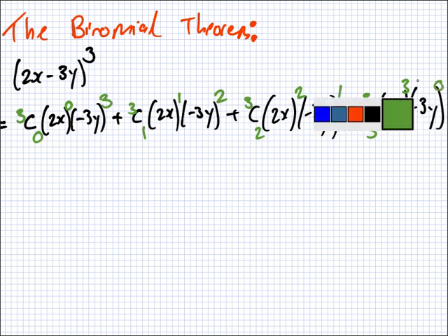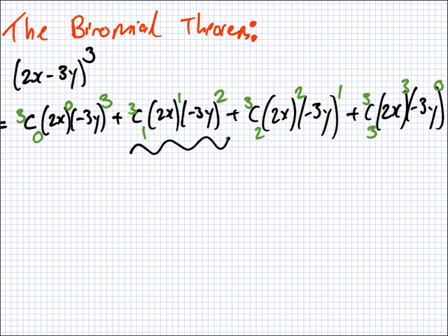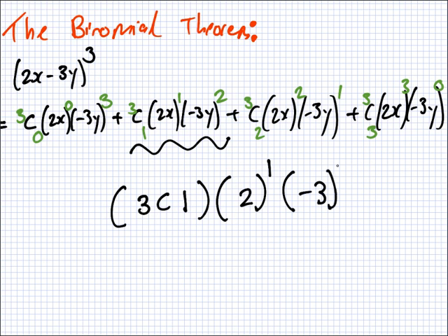Just as an example, suppose you want to calculate this one. What you would need to type in on the calculator, and I recommend using brackets to be safe, is something like bracket 3C1 on the calculator like that, bracket 2, close the bracket, power 1, and then bracket minus 3, close the bracket, squared.